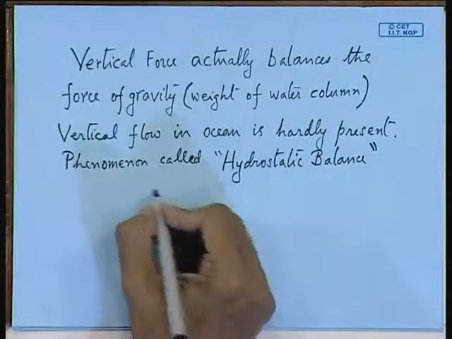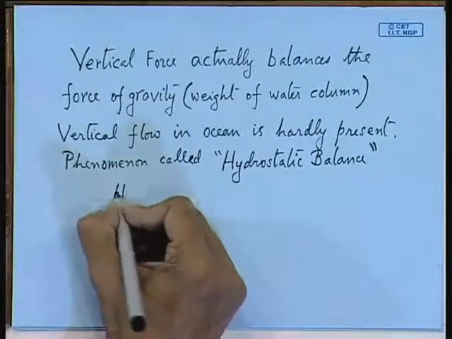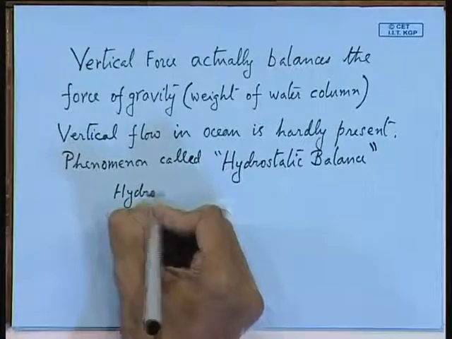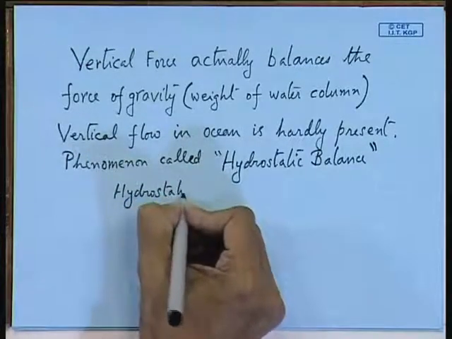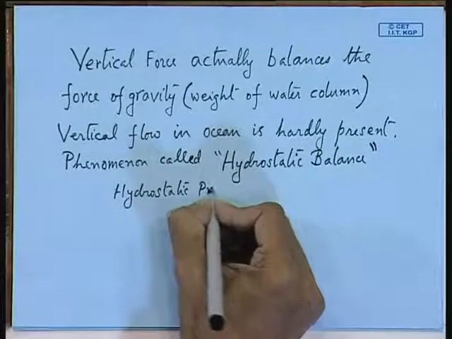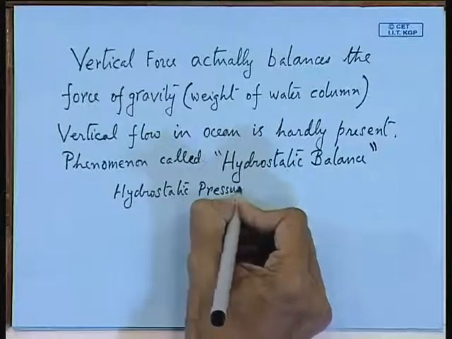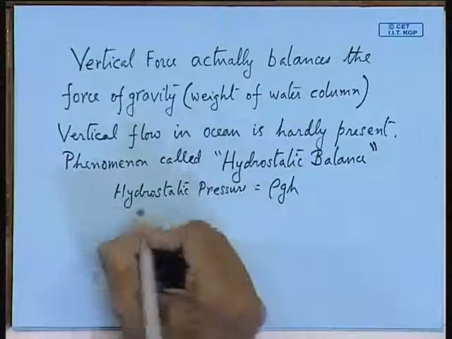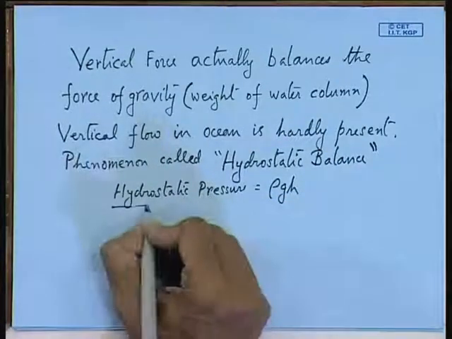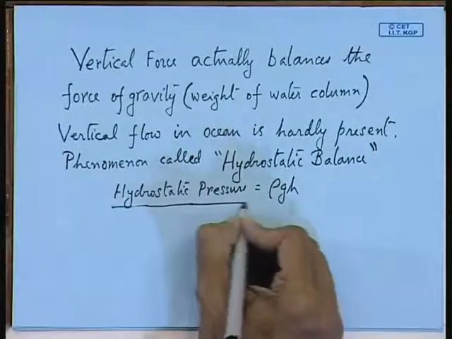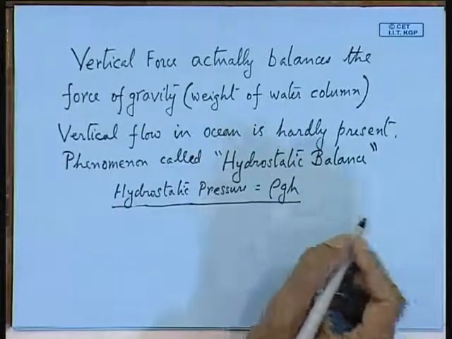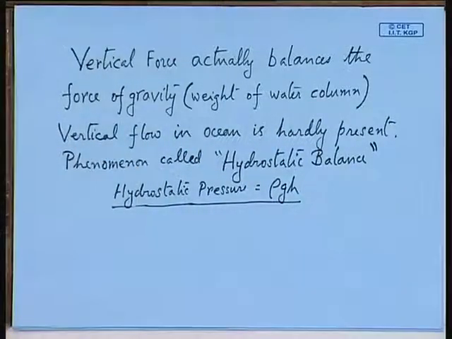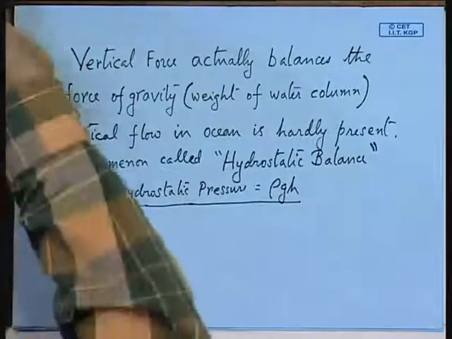So, your hydrostatic pressure is what? Hydrostatic pressure, all of you should know, is equal to rho g h. This is actually supporting the water column or water mass. So, hardly you will get any flow in the vertical direction. So, this is called hydrostatic balance.